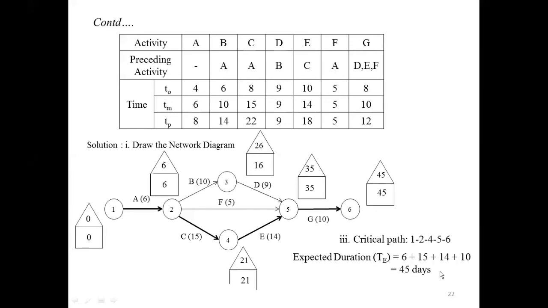Then next, after calculating the expected duration, you have to construct a schedule for the 7 activities. Whatever activities are given, you have to represent them in the table.